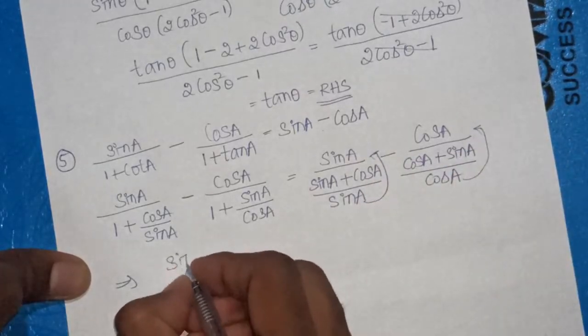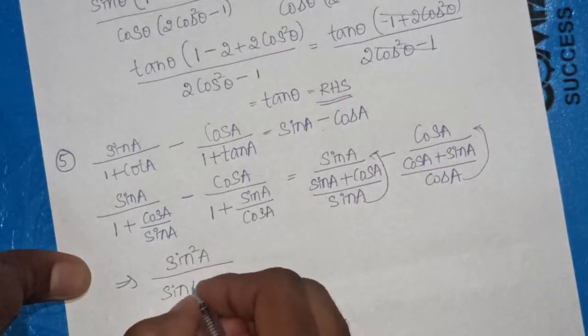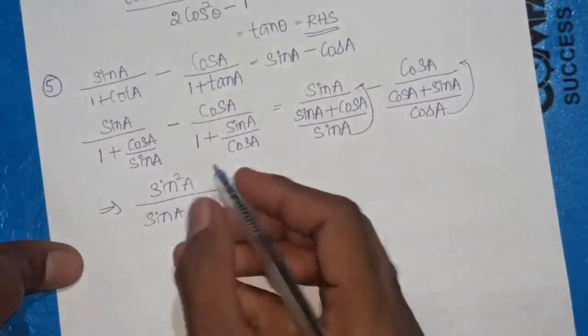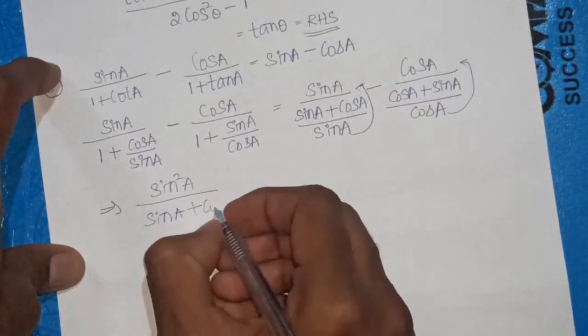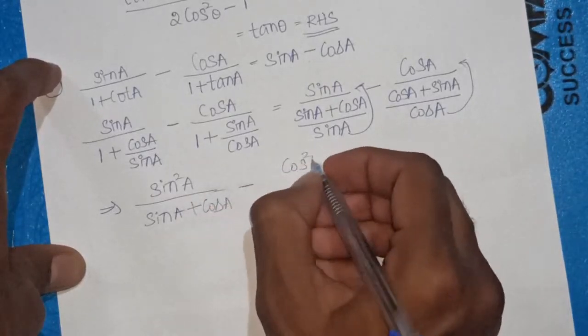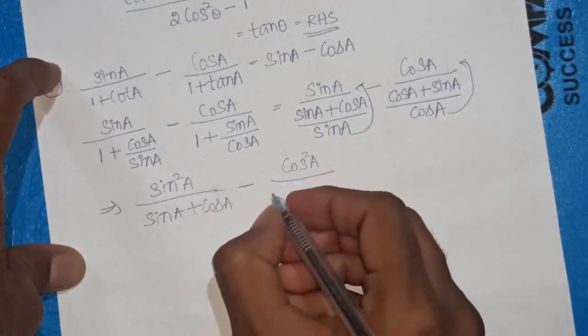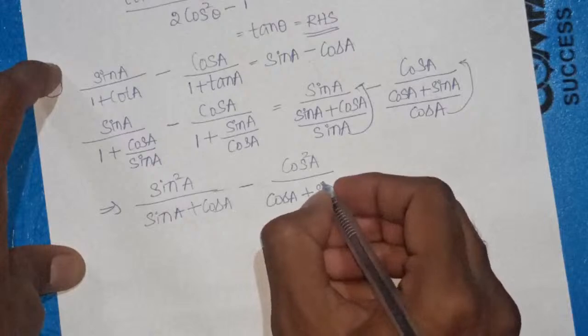Therefore, sin square A by sin A plus cos A minus cos square A by cos A plus sin A.